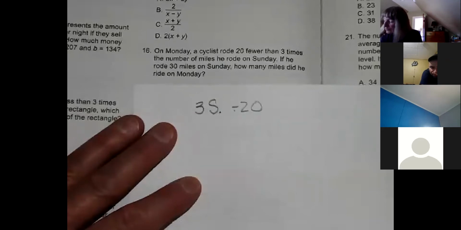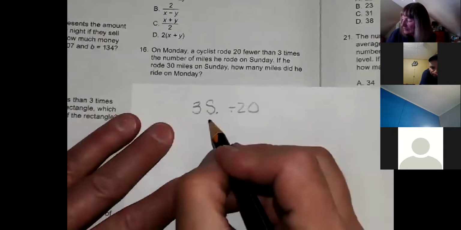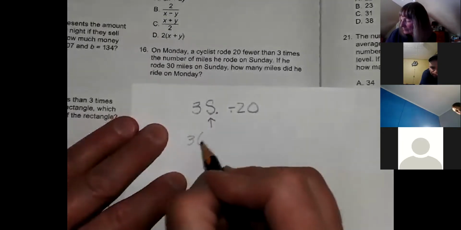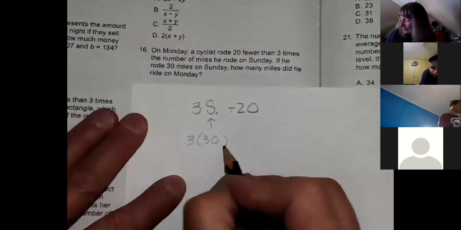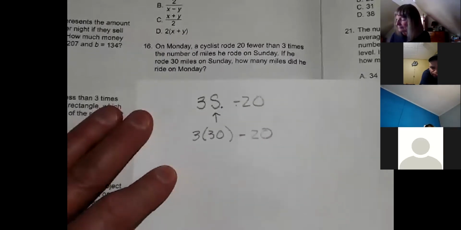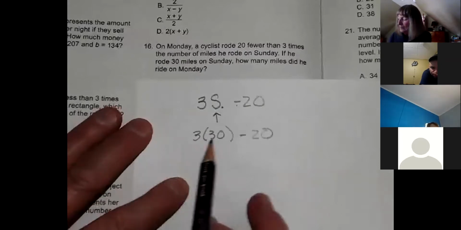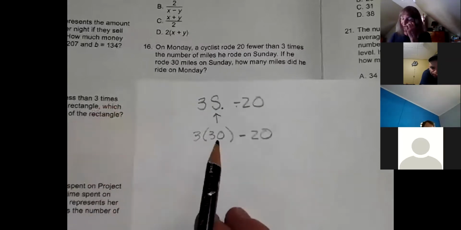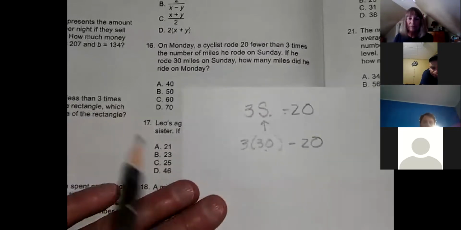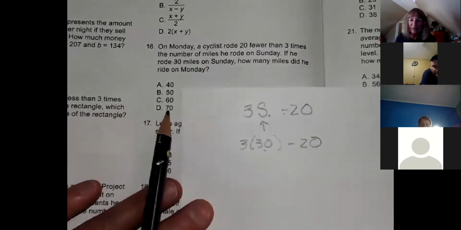If he rode 30 miles on Sunday, oh, I get to put the 30 miles right in there. 3 times 30 is 90. Subtract 20 should come out to about 70.